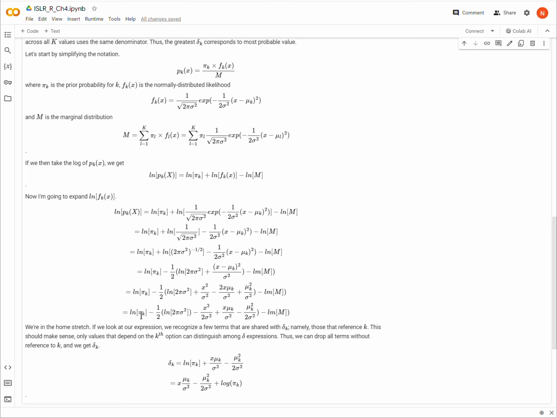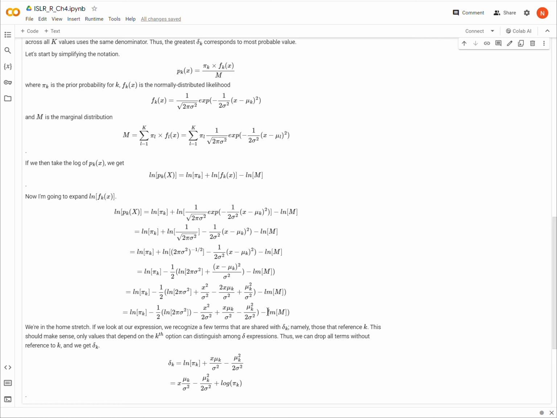The log of the prior for K is part of it, so that expression is right here. Notice that this expression right here doesn't reference K, and it's also not in our expression for delta. But these terms do reference K, so we have the mu of K, and these are referenced in delta.